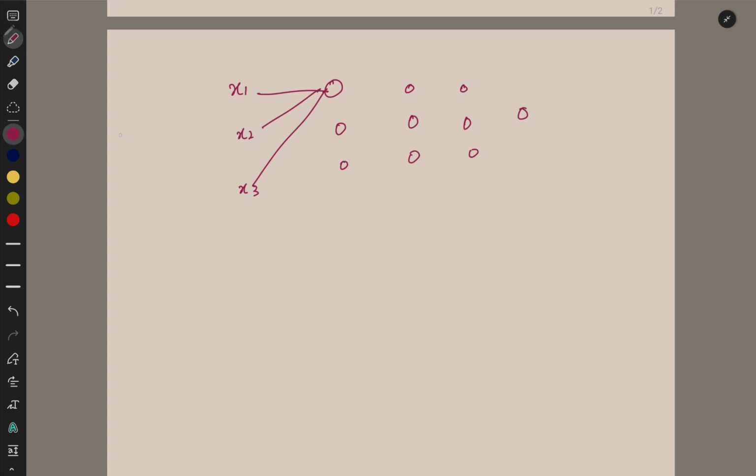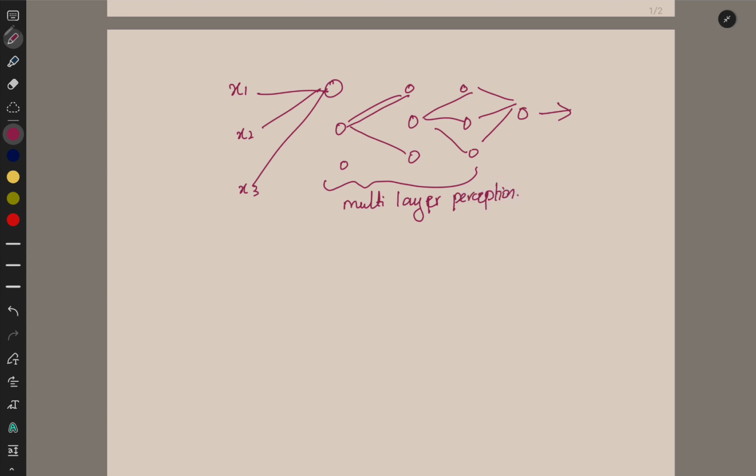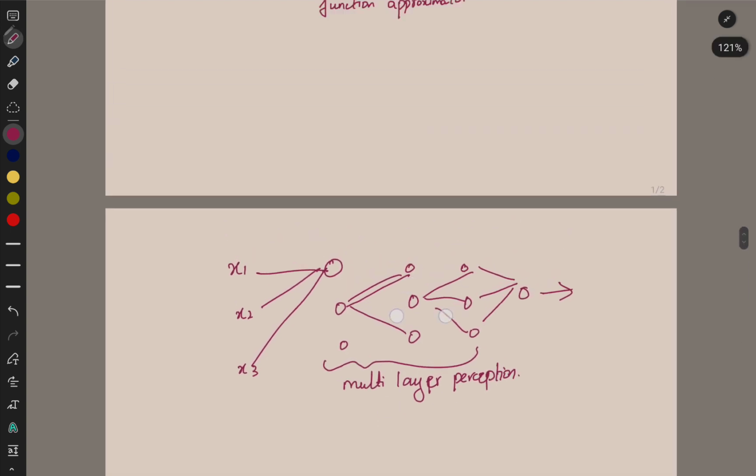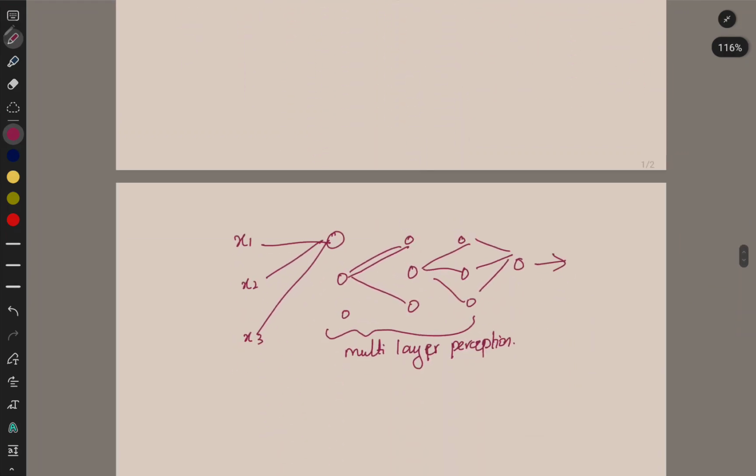I'm just drawing this simply. You have multiple stacked layers; this is what a multi-layer perceptron is.